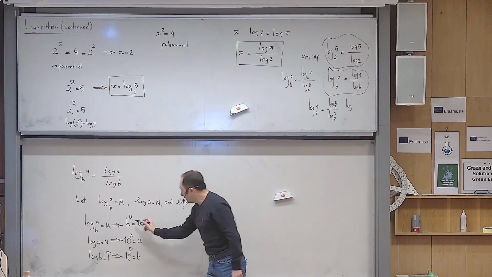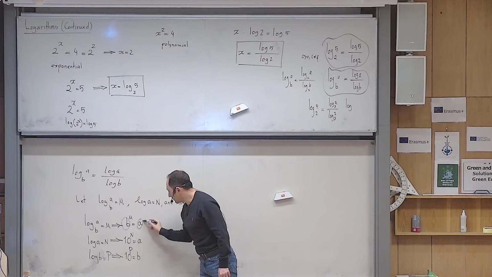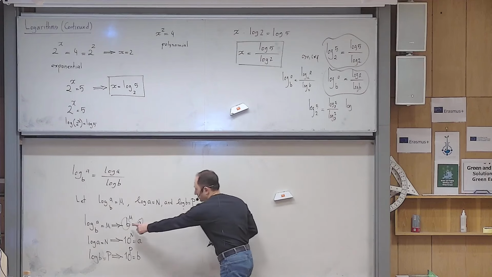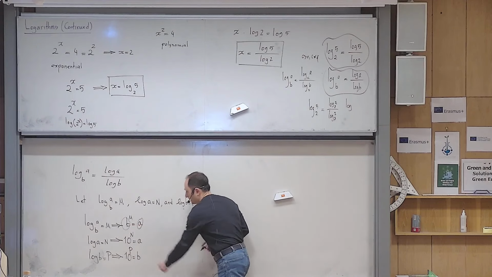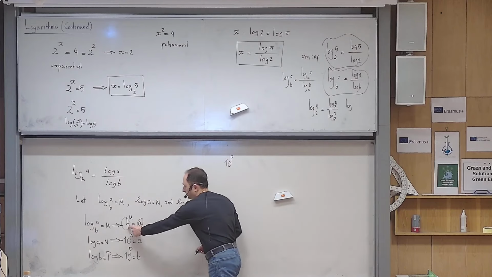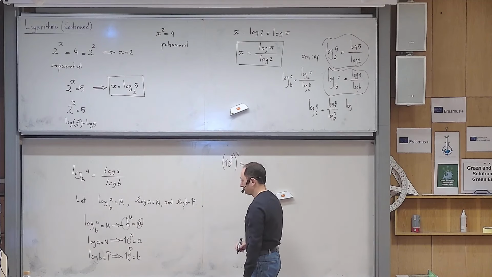Now, I go back here. Instead of b, I put this. And instead of a, I put this. Yes? So instead of b, I write 10 to the p. This is b. But on top of b, I have m is equal to.